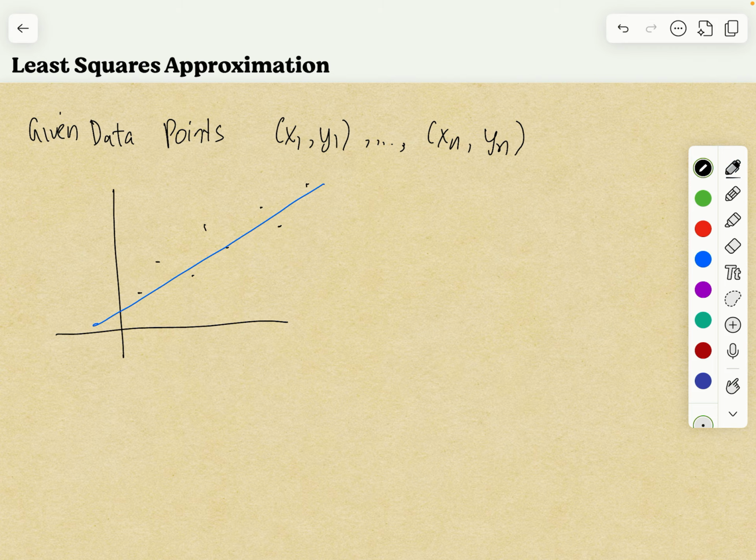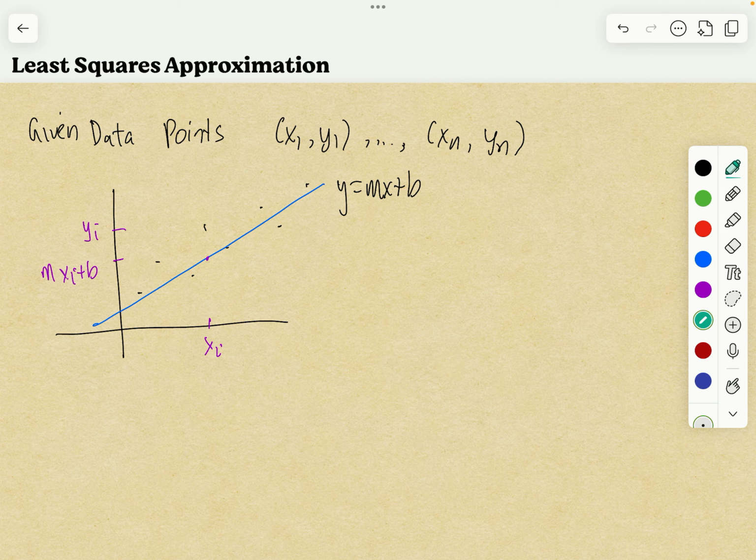And what you want to do is, so if your line is y equals mx plus b, you want to look at the differences between the observed yi, so if this is your xi, this value here is the observed yi, but this value is just going to be mxi plus b.